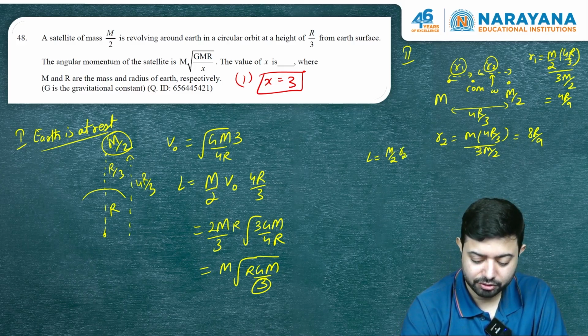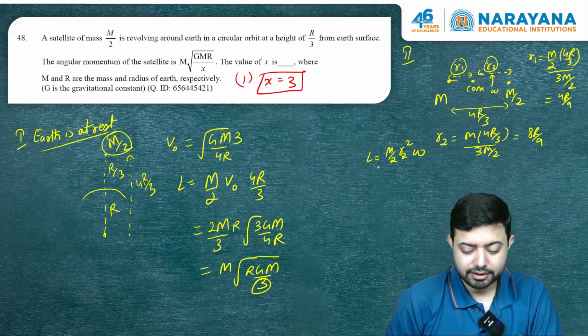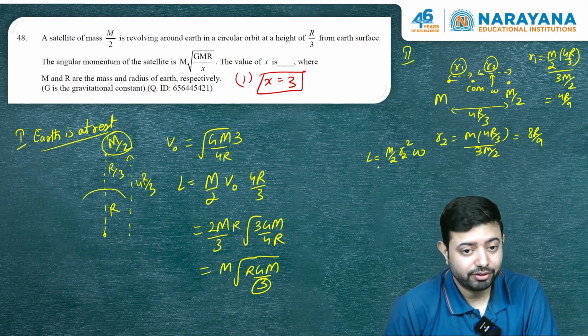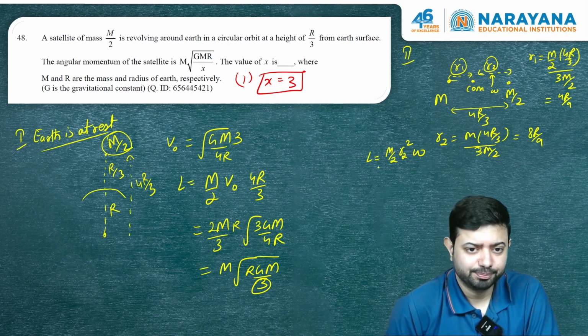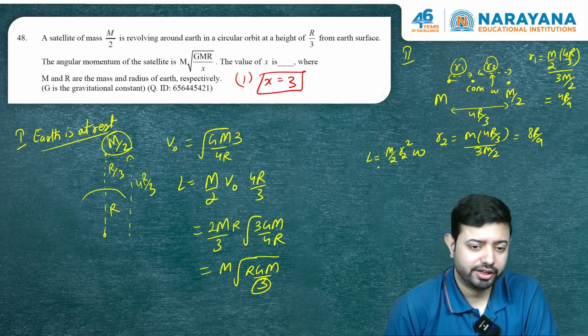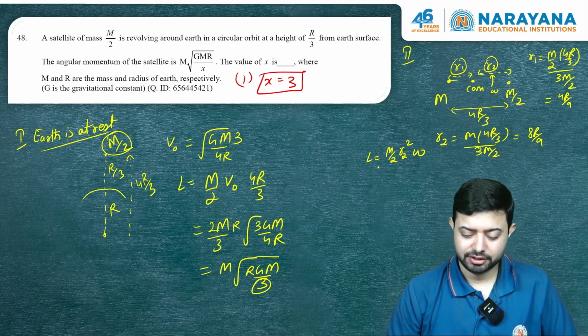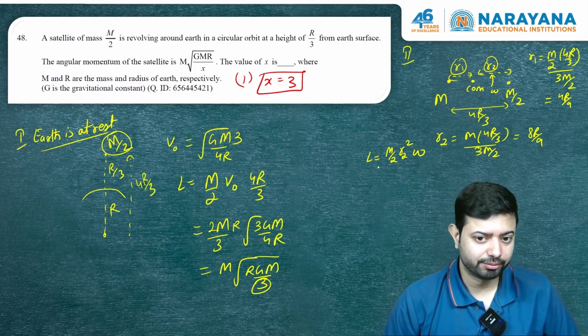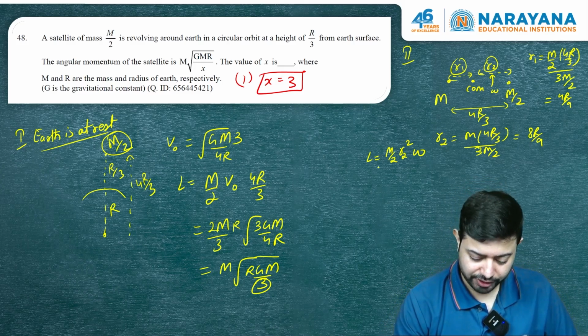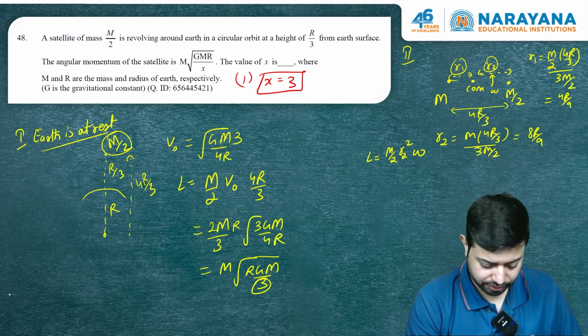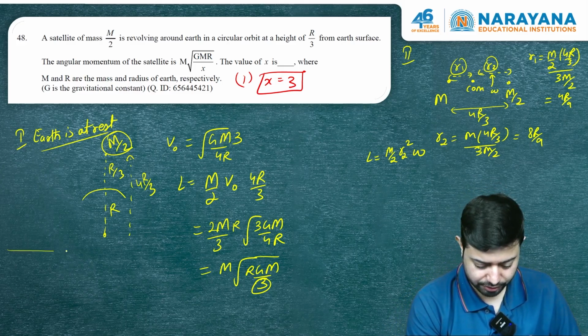So, I will write r2 squared into omega, and then the question arises how to find omega. Well, you can apply Newton's laws of motion, in which perspective you can apply the centripetal force condition, and then you can get omega from there. Okay. So, we will do it somewhere over here, have a look at it.